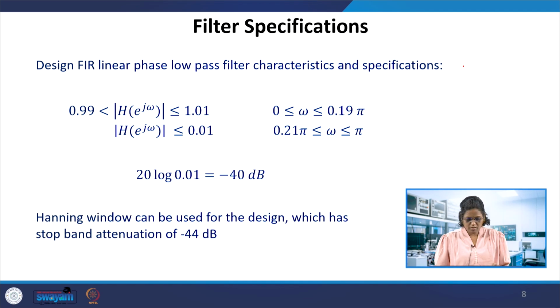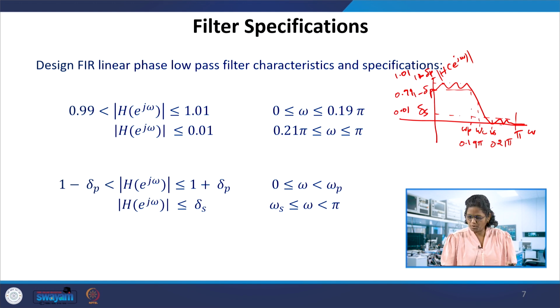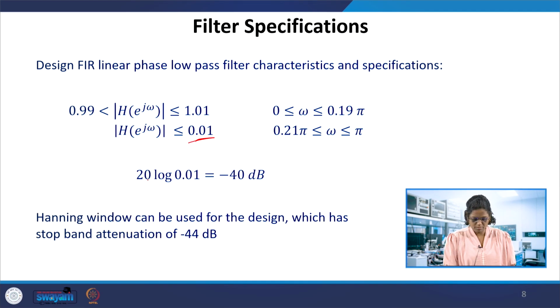So from this desired one, first we will take out the ripples. Okay, so it is 0.01 in the attenuation band. So 0.01 from here is allowed, and in the passband also 0.01, 1 plus 0.01 and 1 minus 0.01. So look at the attenuation, it is 20 log of 0.01.